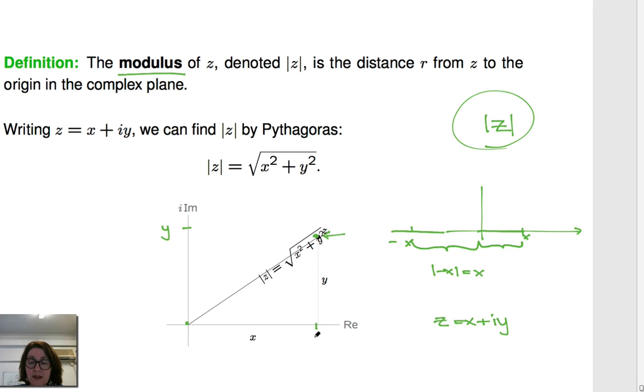So for the distance from the origin to that point z, I can take the square root of x squared plus y squared using Pythagoras' theorem. x squared plus y squared gives me that distance squared.